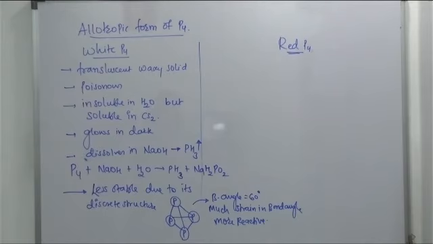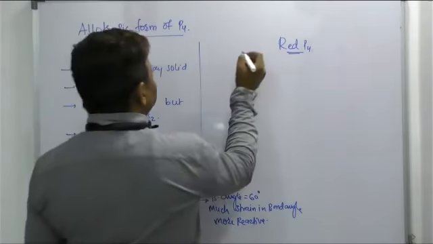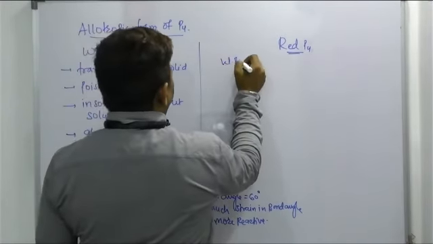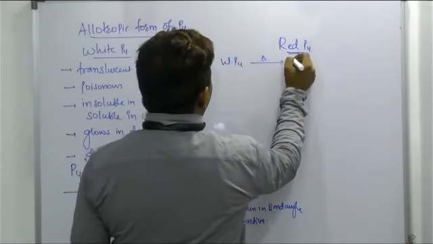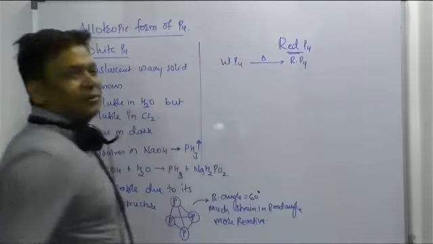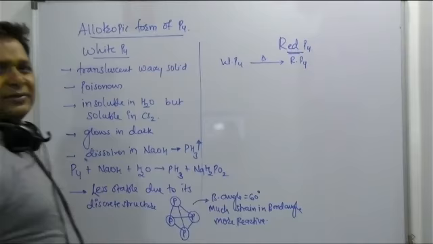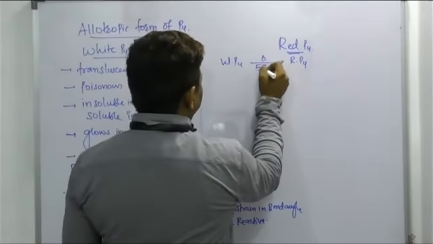Now, the second part: red phosphorus. How is it obtained? Simply, when white phosphorus is heated, it is converted into red phosphorus, at a temperature of 573 Kelvin in an inert atmosphere.